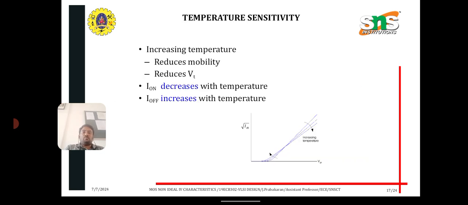Next is temperature leakage. Temperature sensitivity: changes in carrier mobility, threshold voltage and leakage current with temperature variation alter transistor performance characteristics and require thermal management in circuit design.